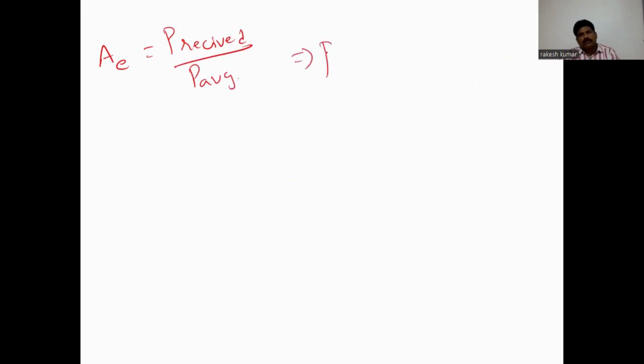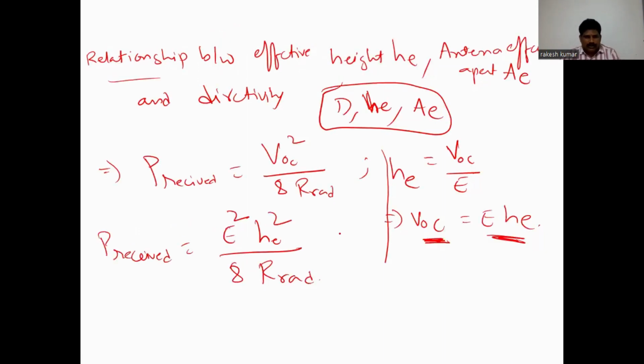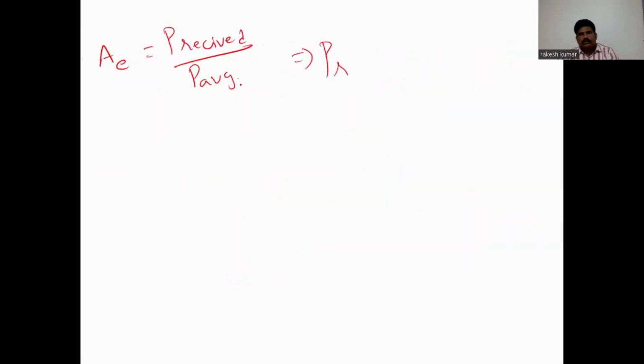Next, what is the formula for effective aperture area A? It is the ratio of P received to P average. From this, P received is equal to effective aperture area A times P average.